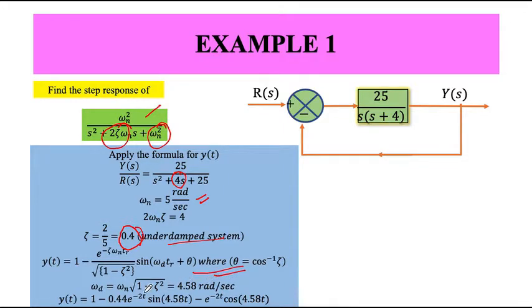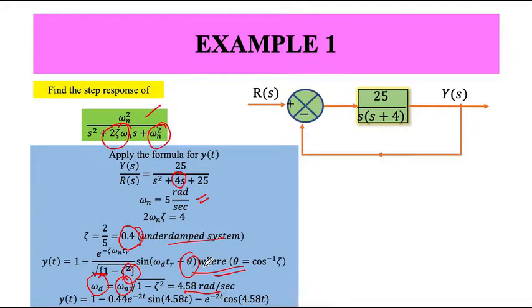Which I had this term theta in my earlier classes. Once I know the zeta value and omega n, I could compute omega d, which turns out to be 4.58 radian per second.